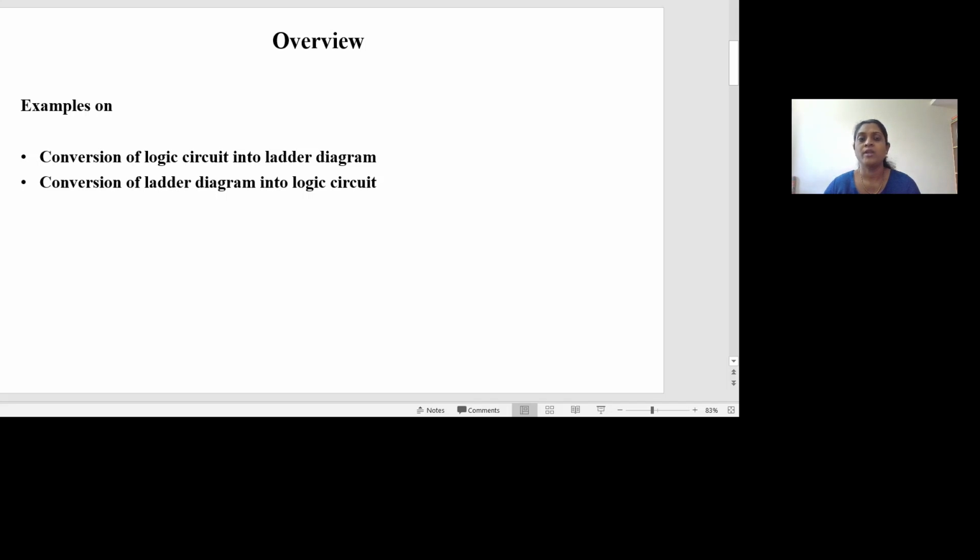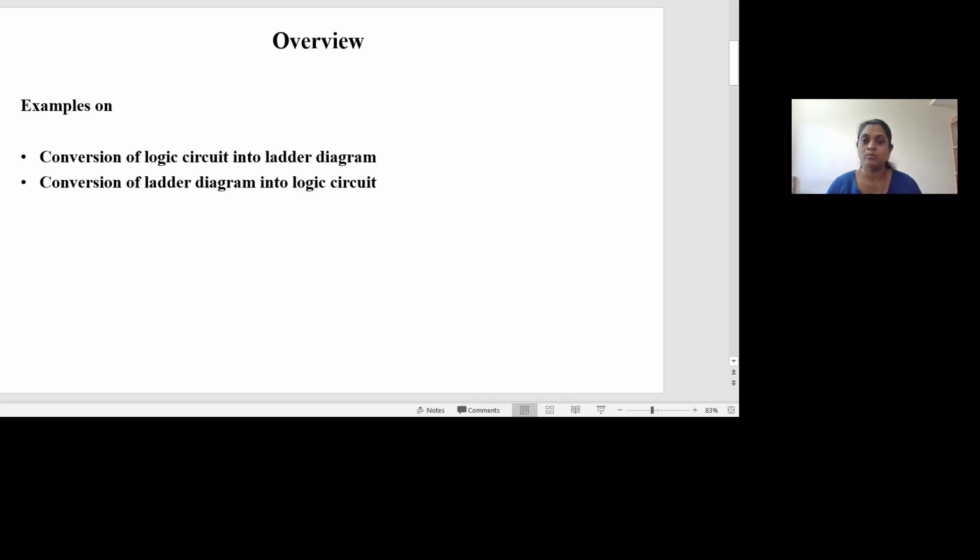And from the last session, we'll recap that when you have an AND gate, the inputs of the AND gate are represented as contacts in series to get a ladder diagram. Similarly, the inputs of an OR gate are represented as contacts in parallel.